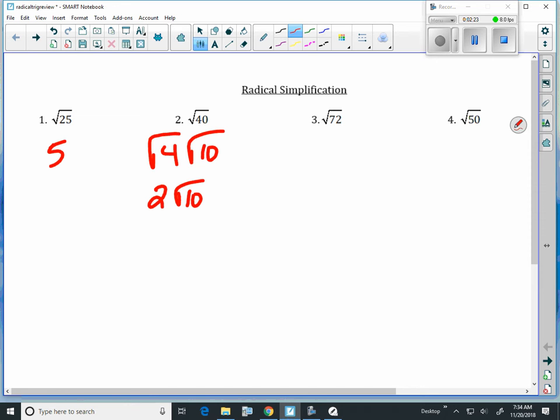All right, 72, is it a perfect square? No, but we need to find the biggest. So let's start with 4. If we do 72 divided by 4, we get 18. Is there a perfect square that goes into 18?